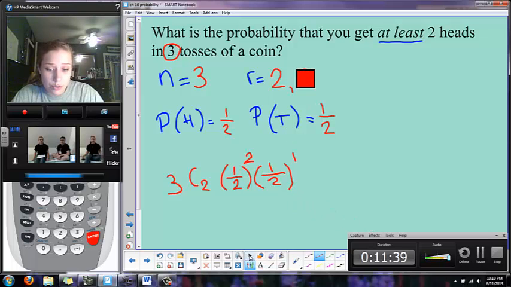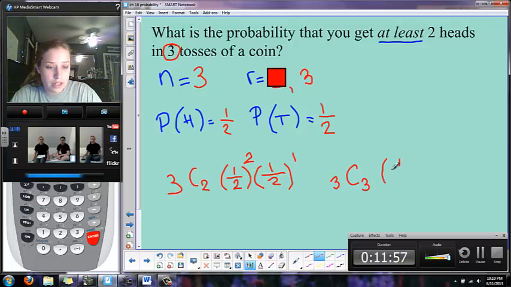Now what we're going to do is forget about that 2. Now we're going to focus on when R is set equal to 3. We're going to write out the exact same thing all over again. This time my R is 3, so it's going to be 3 choose 3. My probability of success and my probability of failure. Well, this time when my R is 3, that means I want to get 3 heads.